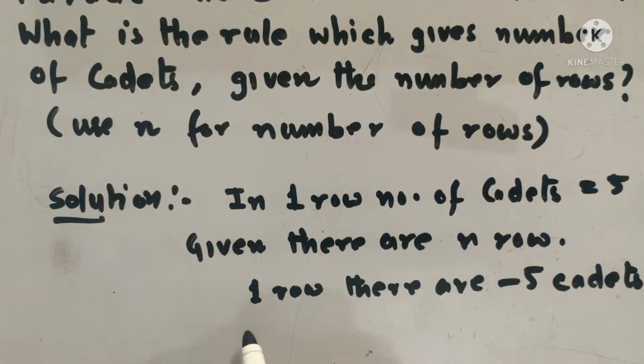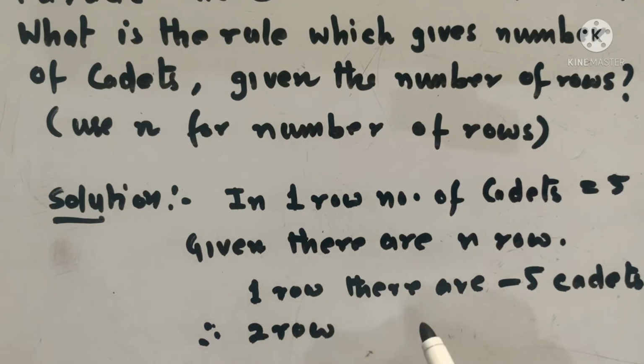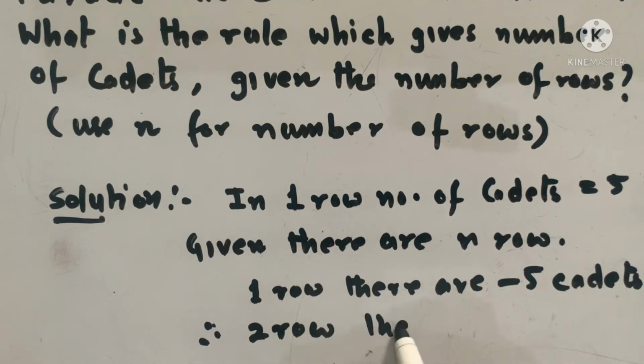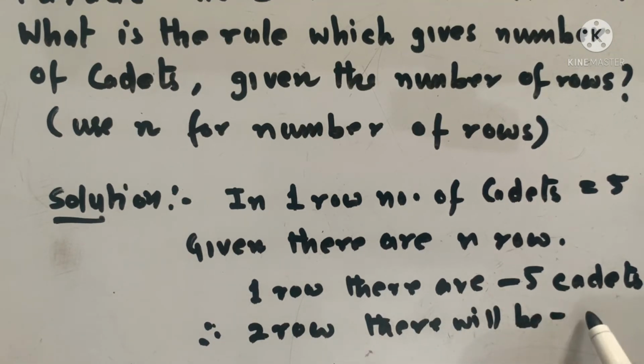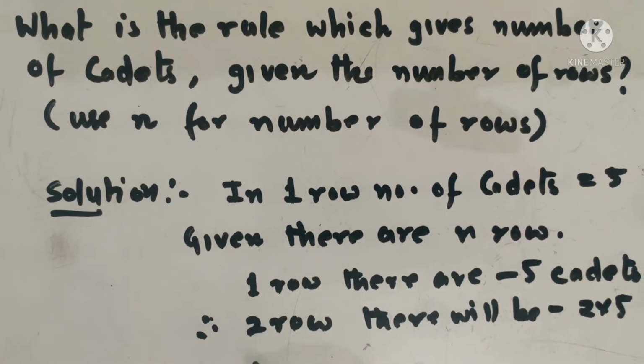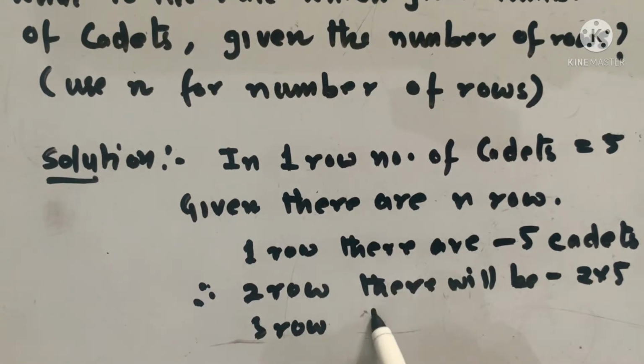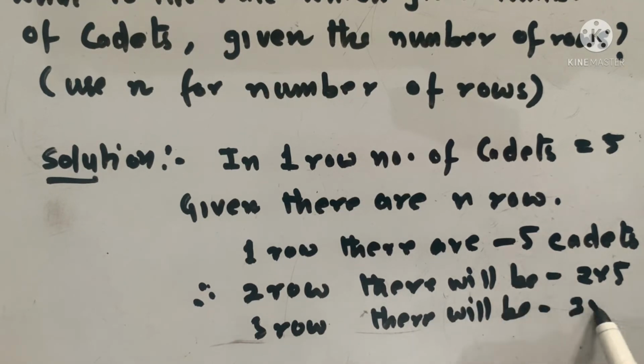Therefore in 2 rows there will be 2 into 5 cadets. In 3 rows, there will be 3 into 5 cadets.